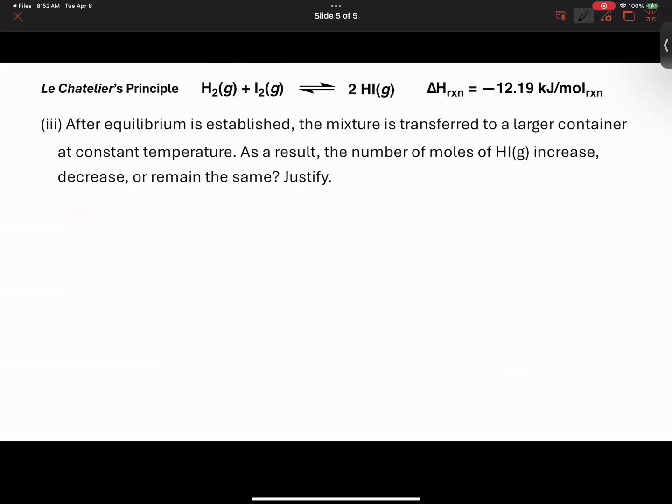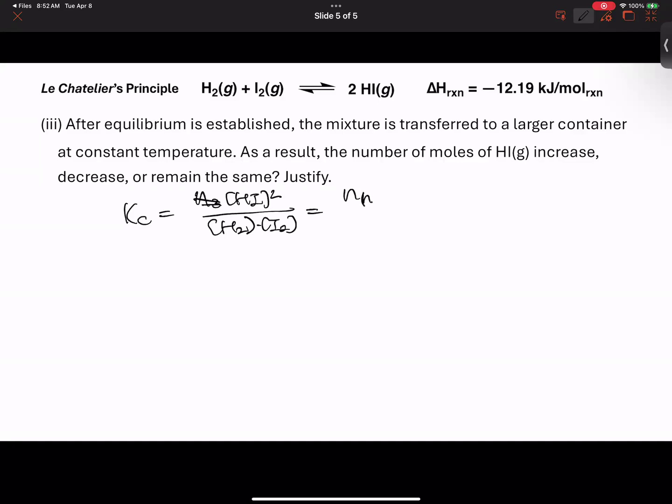After equilibrium is established, the mixture is transferred to a large container at constant temperature. As a result, does the number of moles of hydrogen iodide gas increase, decrease, or remain the same? Justify. All right, so as I drew before, this one is the hydrogen iodide concentration squared over the hydrogen times iodine gas concentration, and the volume is simply cancelled out.